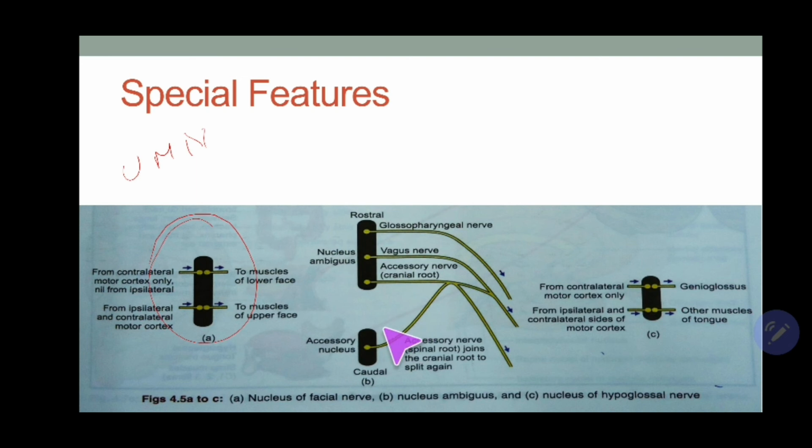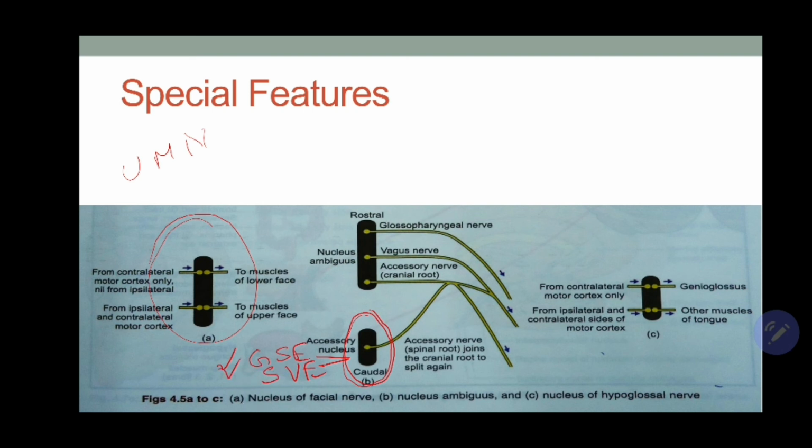Now the important thing is this spinal nucleus of the accessory nerve. This also has a lot of controversy. Some say that this is general somatic efferent. Some say it is special visceral efferent. There's a debate about this also.